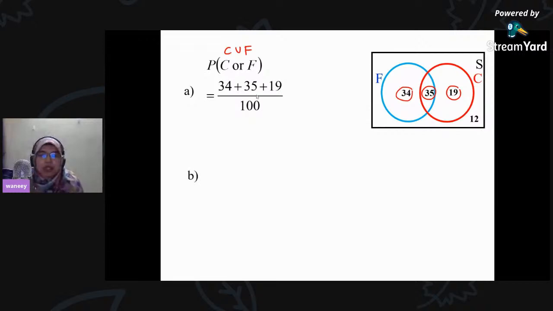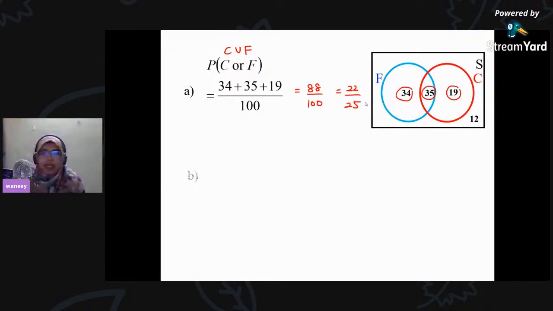So this is equal to, oh mana jawapan dia? Kena kira lah sekejap. So this is 88 over 100. Or you can say that this is equal to 22 over 25.